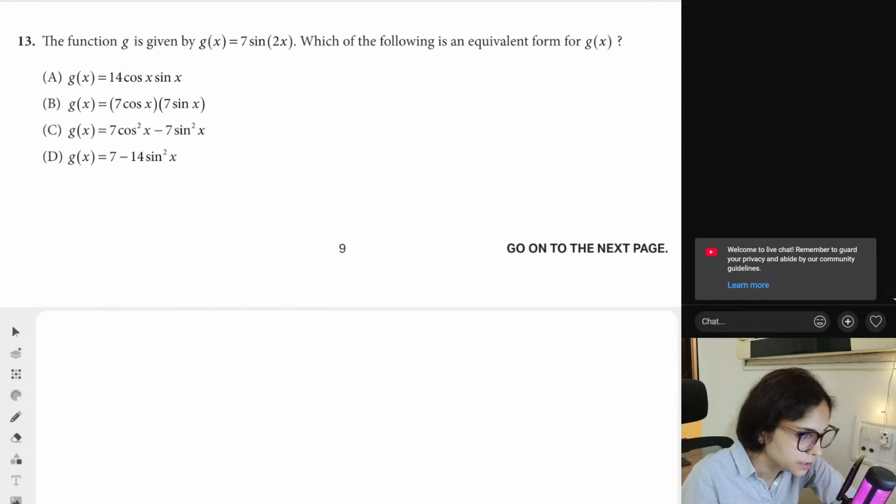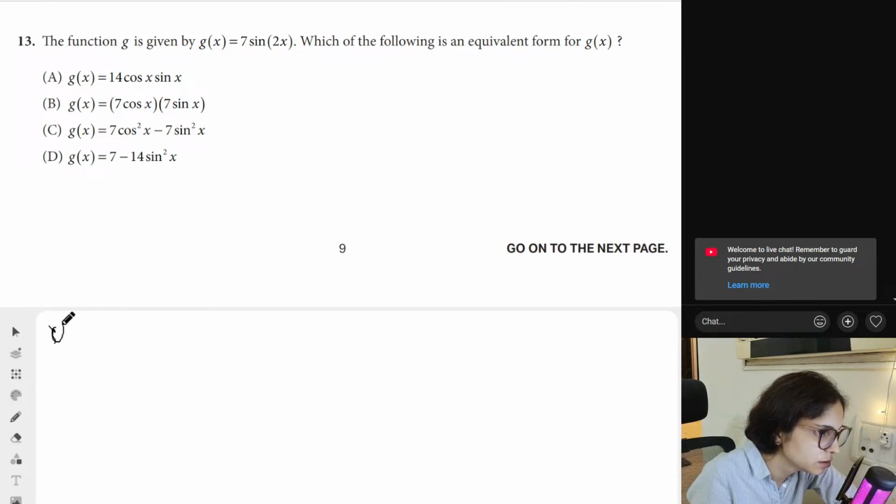Now question number 13. G of x is 7 times sine 2x. Which of the following is an equivalent form for g of x? Over here we have applied the simple formula.